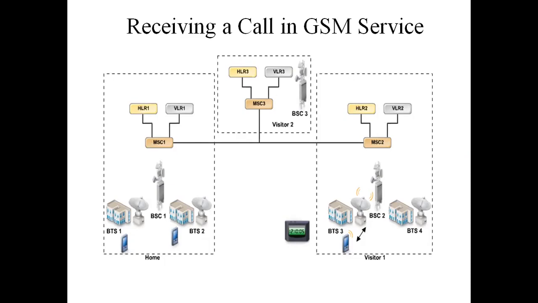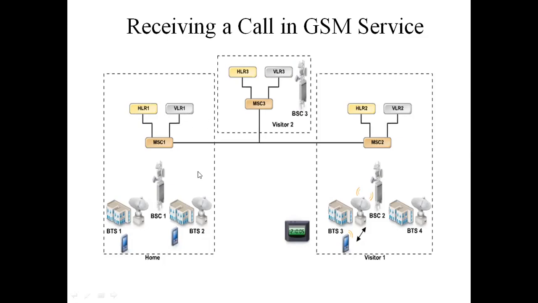If the cell phone is located in its home area, then the call is transferred to the receiver. If the cell phone is located outside its home area, then the HLR maintains a record of the visitor location register attached to the cell phone.